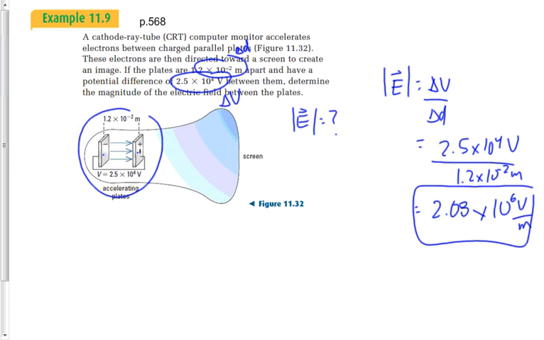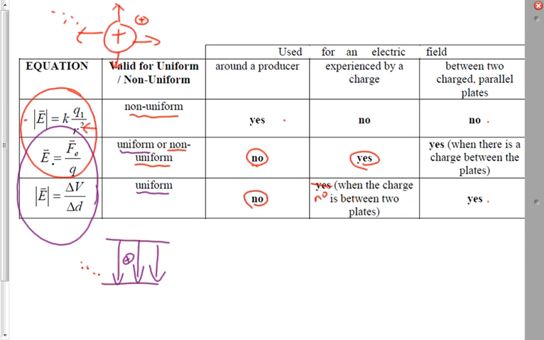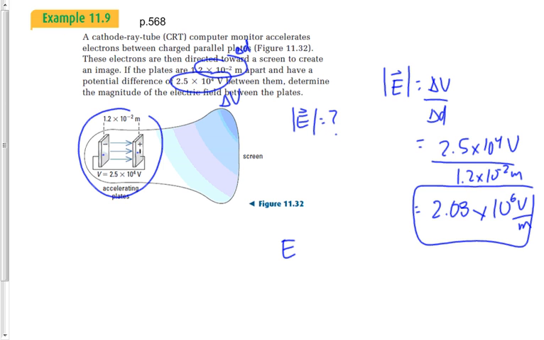Now, real quick question here. I could have asked you the force experienced by the electron as it goes between those plates. We're not asked that in this question, but we could have. All you would do in that case is say, look, I know that both of these purple equations are valid in this situation of parallel plates.